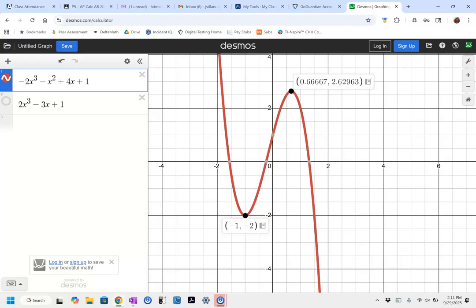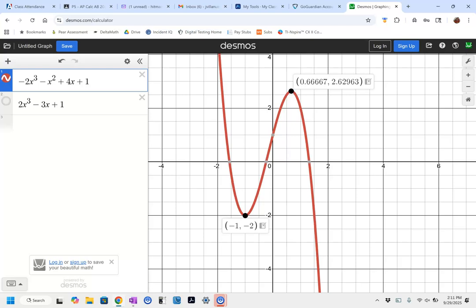And that's just based on how you drew your picture. You drew your picture a little crooked. Maybe it's not negative 1, but it's okay as long as it's close. If you got negative 0.8, if you got negative 1.2, that's fine, okay? The high point, I got 0.6666, basically 0.7 if you round it. I said 0.8. I'm off by 0.13, but that's okay.